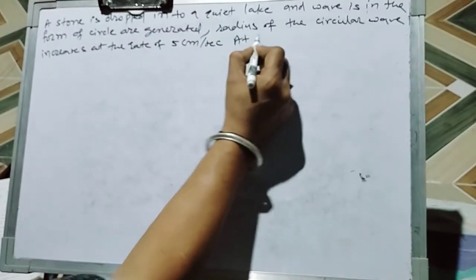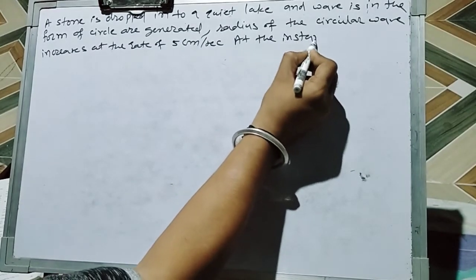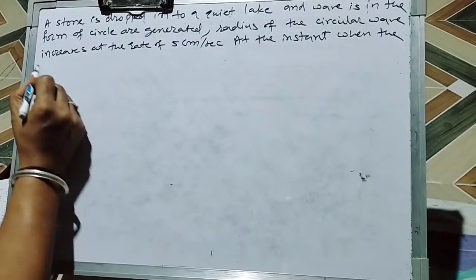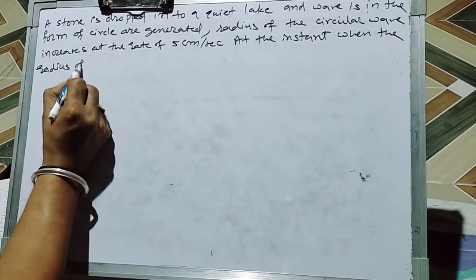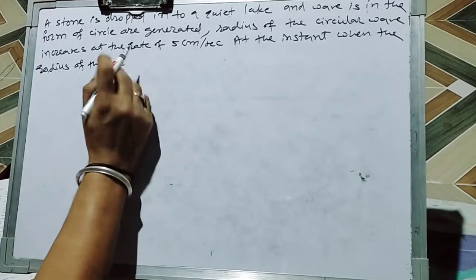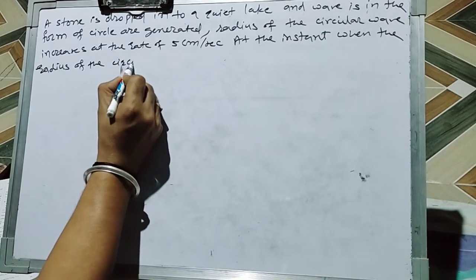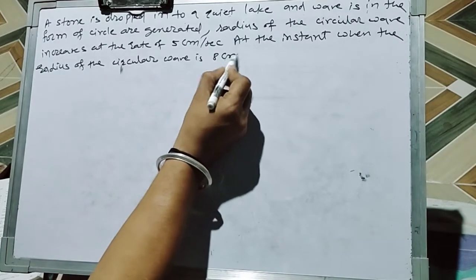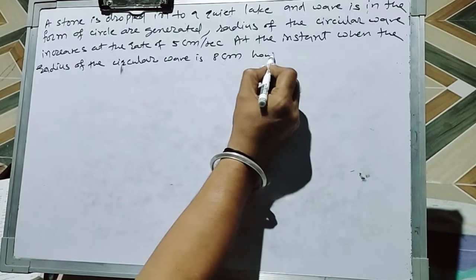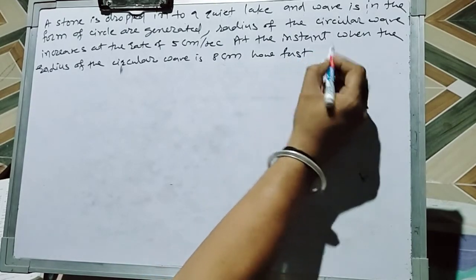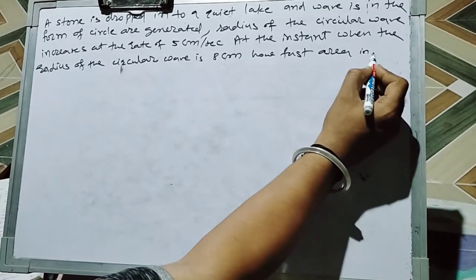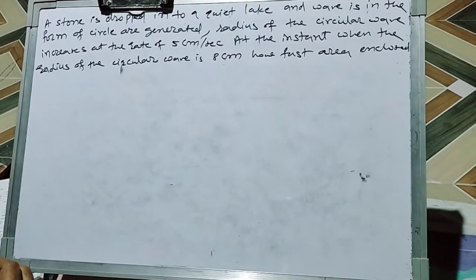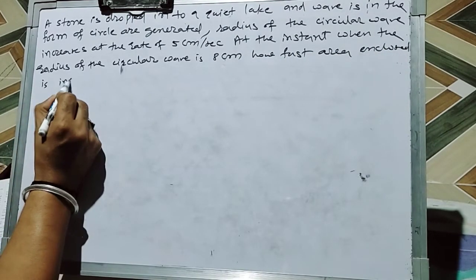At the instant when the radius of the circular wave is 8 centimeter, how fast is the area enclosed increasing?